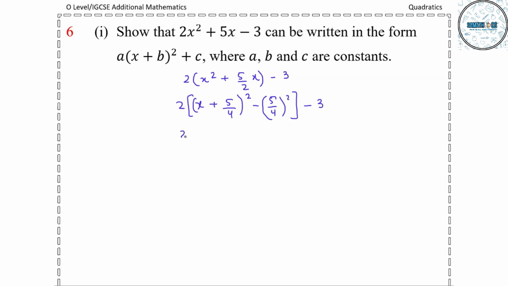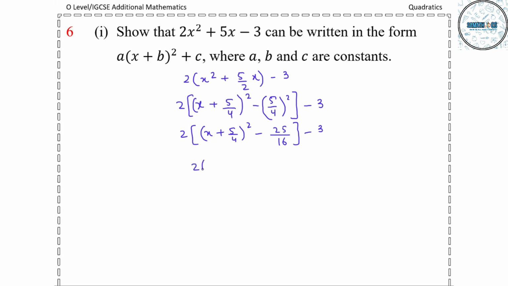Now we have 2 into x plus 5 upon 4 whole squared minus 25 upon 16 minus 3. Now we'll multiply 2 by this and 2 by 25 upon 16.